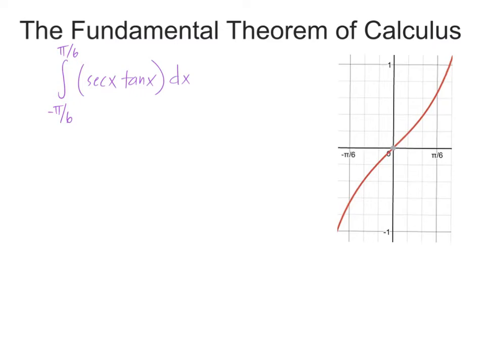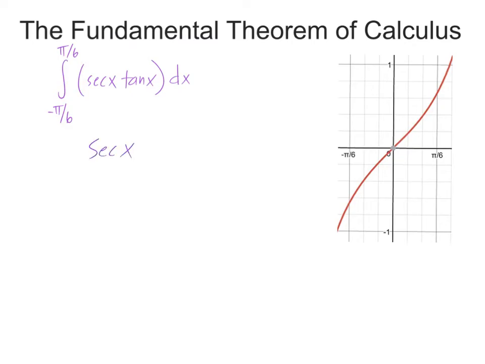Okay, so there's a few trig derivatives that we can take at this point. I'm going to do the integral from negative pi over 6 to positive pi over 6 of secant x tangent x. Of course, that's because this is one of the 6 trig antiderivatives I know. The antiderivative of secant x tangent x is secant x.